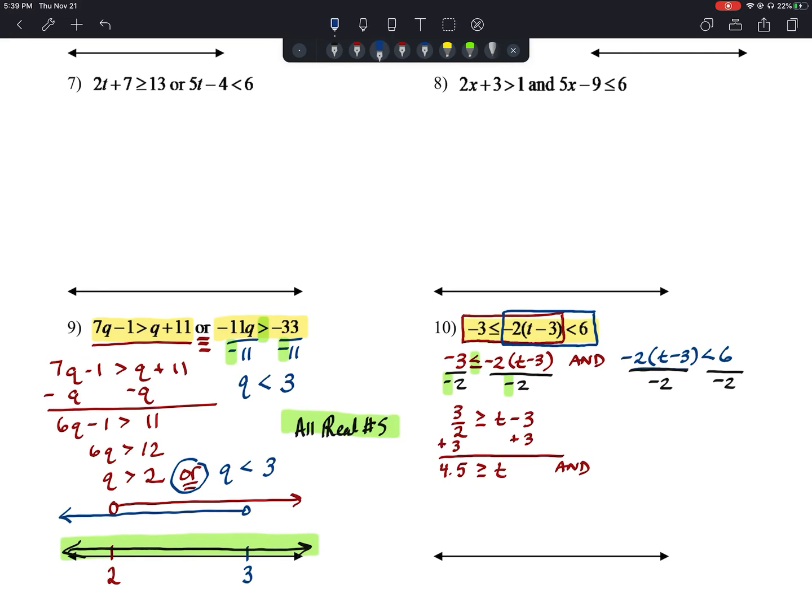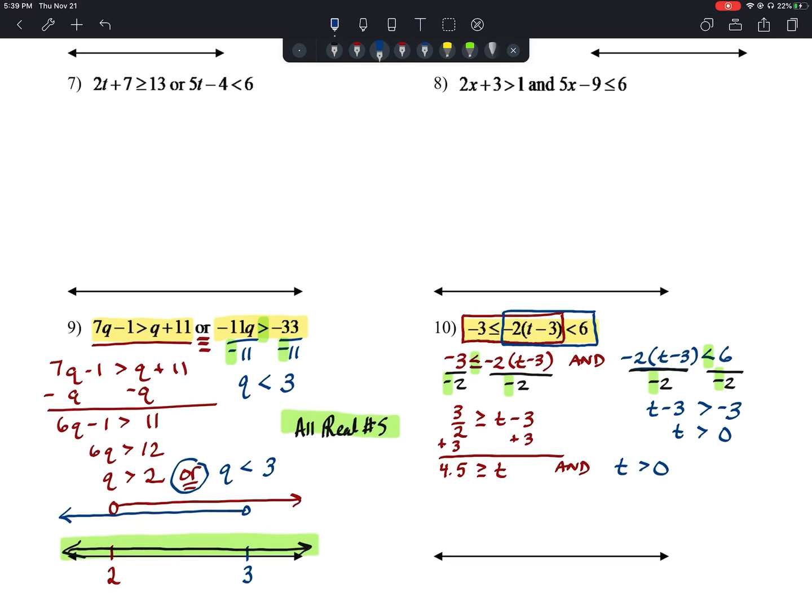There you go. After we do that, we have t minus 3 is going to be greater than negative 3. Just make sure you didn't miss that. We divided both sides by a negative, so you had to flip that. And then as you finish solving it, you add 3 to each side, and you're going to get that t is greater than 0.